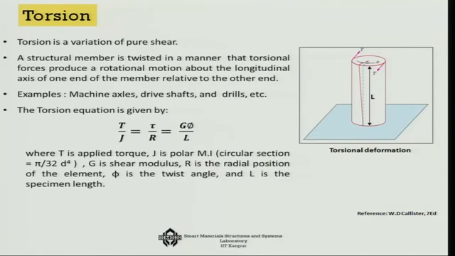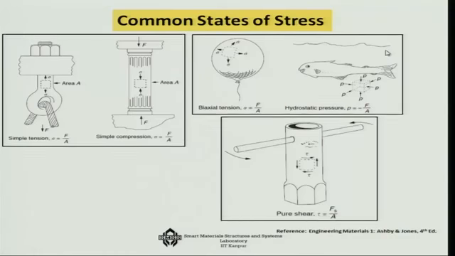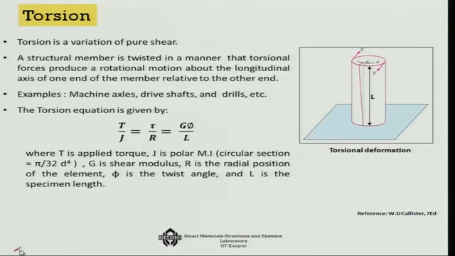In torsion, a structural member is twisted, for example in this case you are twisting this member, in a manner that it produces a rotational deformation or a rotational motion of the top surface with respect to the bottom surface, where let us say it is fixed at this point.